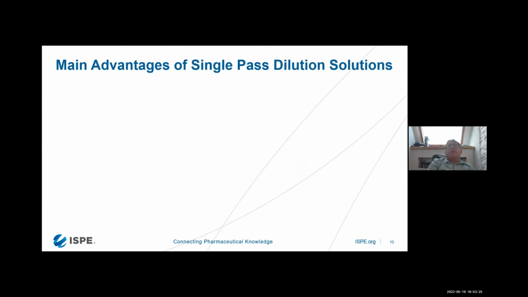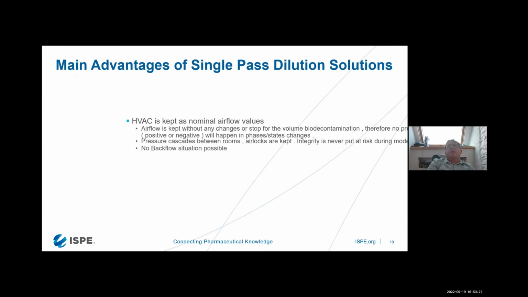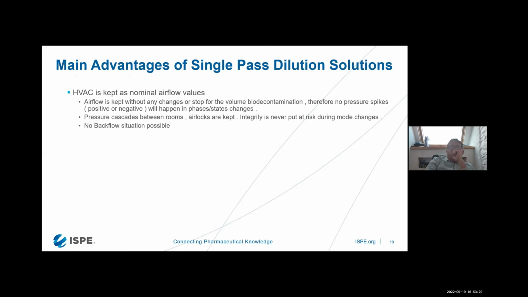So the main advantages of the single pass dilution, as I said, we don't change the nominal airflow of the HVAC. So the airflow is kept at the same flow rate, and we don't have to stop.